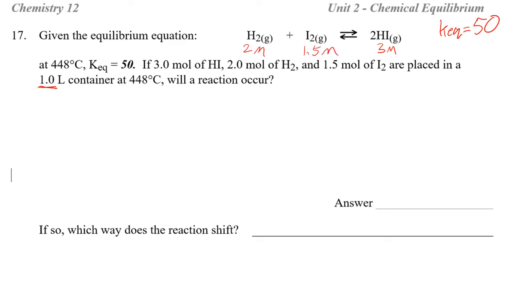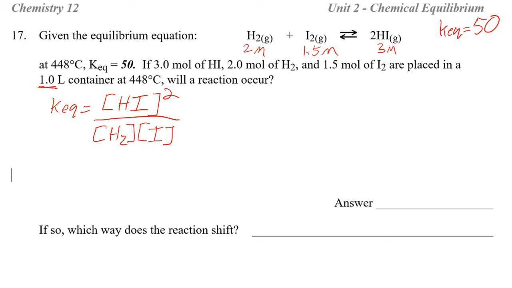Okay, so I'm going to look at my trial KEQ. Actually, first I'm going to write down my KEQ expression. KEQ equals the concentration of HI. Since we have that 2 in front, we must square it, over the concentration of H2 and the concentration of I2.